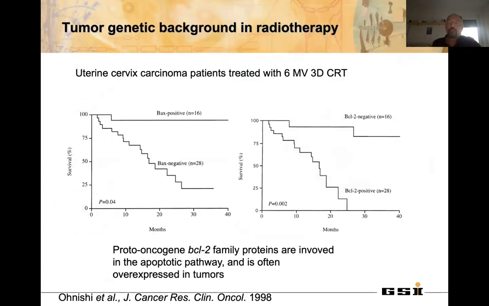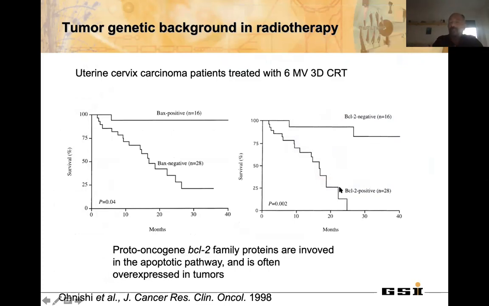So for tumor background, genetic background, I mean, it would be nice to see whether it is possible to have a selection of the patients based on the genetics of the tumor. And this is interesting. You see, these are X-ray results on patients that are BAX positive or BAX negative and BCL2 negative or BCL2 positive.